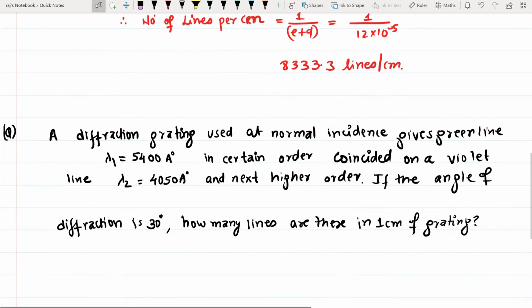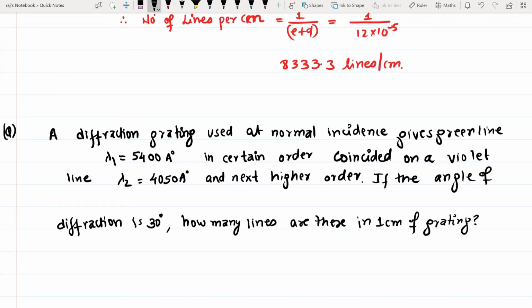Okay. In this question it is clearly given we have lambda 1 and lambda 2. We have the diffraction angle as 30 degrees and we have been asked to find the number of lines in 1 centimeter of grating. As we have already learned in the previous example, the number of lines is calculated by taking the reciprocal of the grating element. But what we don't know here is the value of n.